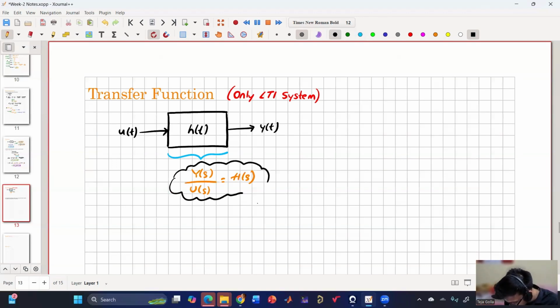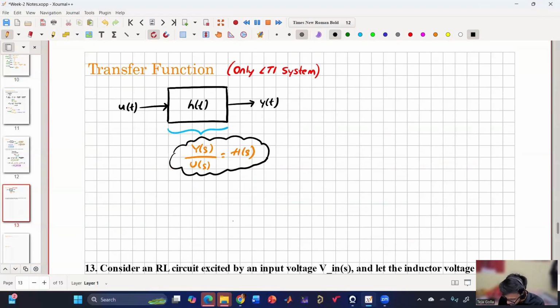Sorry, this is the transfer function. Or you can say the transfer function is the Laplace transform of the impulse response of a system.